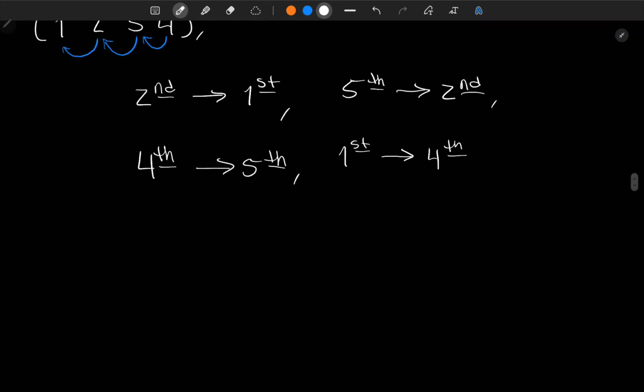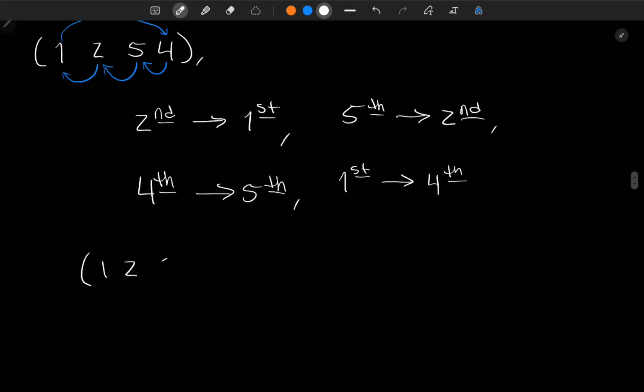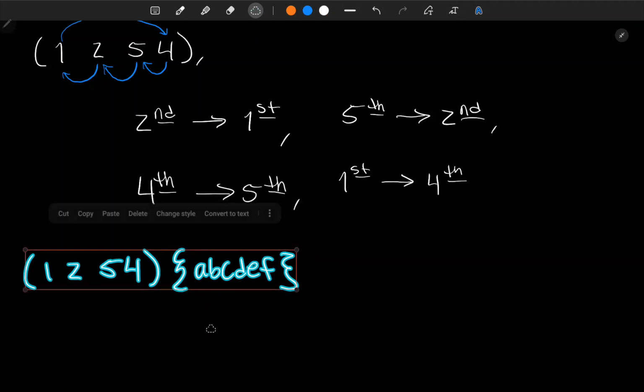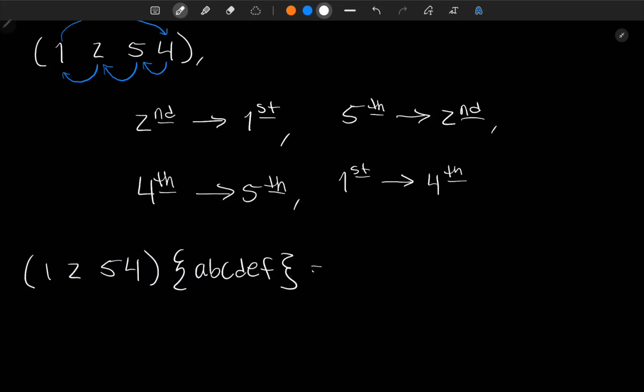So if we have, let's say, 1, 2, 5, 4 acting on A, B, C, D, E, F, it becomes the following. Well, let's just look at how this is defined above. We say that the first element goes to the fourth element. So in the fourth position here, we should have A. Then the fourth element, which is D, goes to the fifth position.